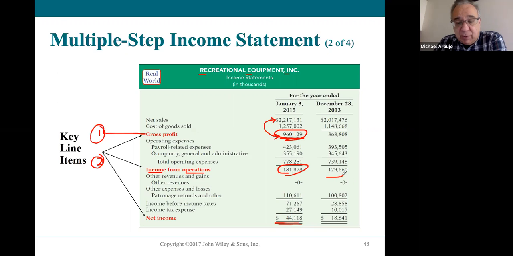And as you see from the previous year, that's a pretty large jump. So that's really good. So how do you get from 181 million, almost 182 million in a profit from operating the company by selling the goods that are for sale to only a $44 million net profit?